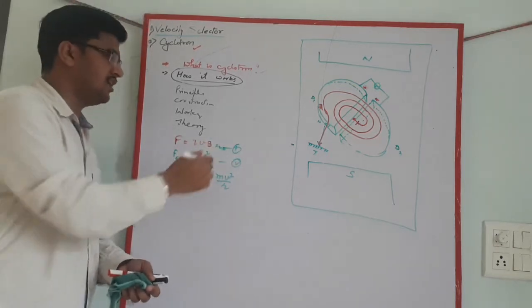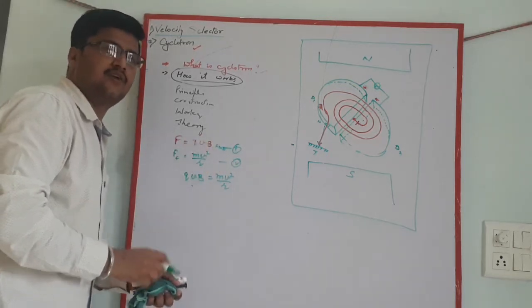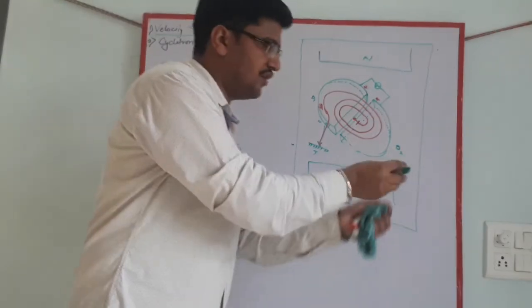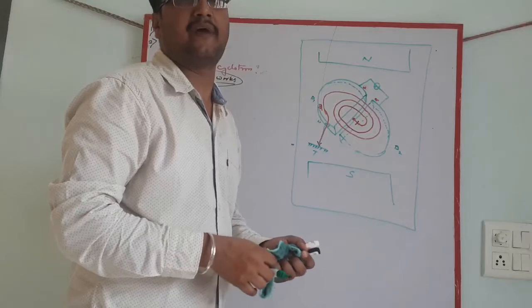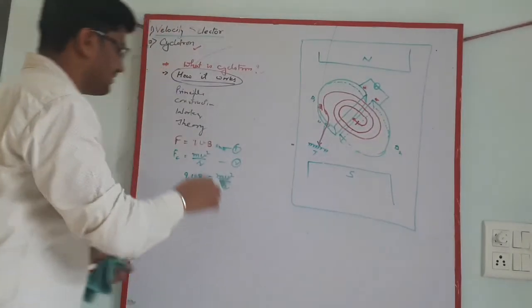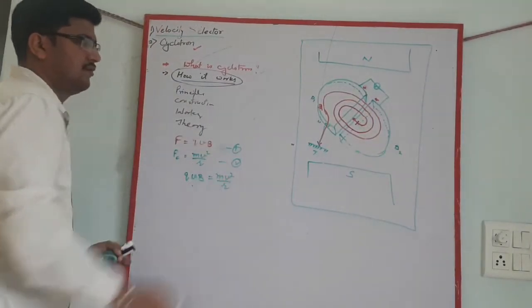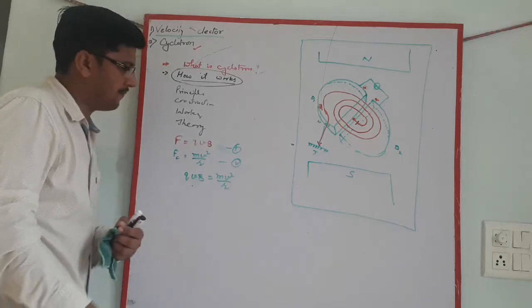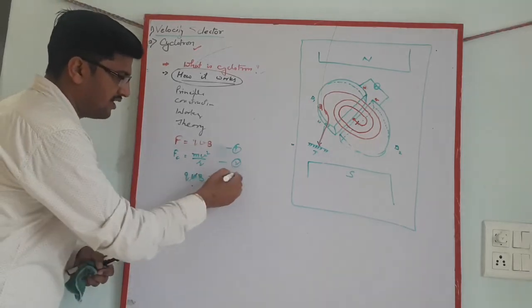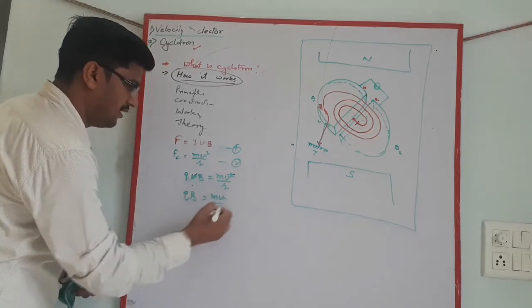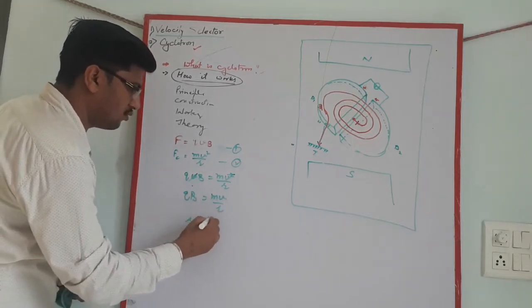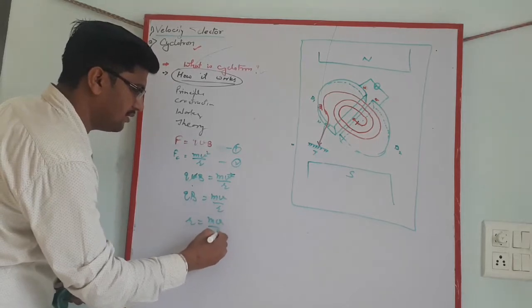Theta is 90 degrees because the magnetic field is vertically downward and the charged particle is moving in the horizontal direction. Therefore, the angle between motion and magnetic field is 90 degrees, and sin 90 is 1. That's why we can omit it here. v gets cancelled with v. qB is equal to mv by r, and hence r is equal to mv by qB.